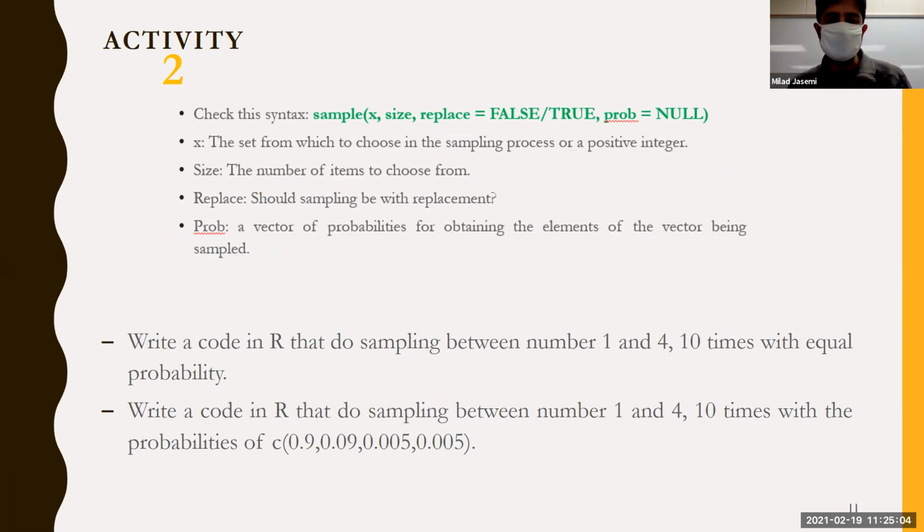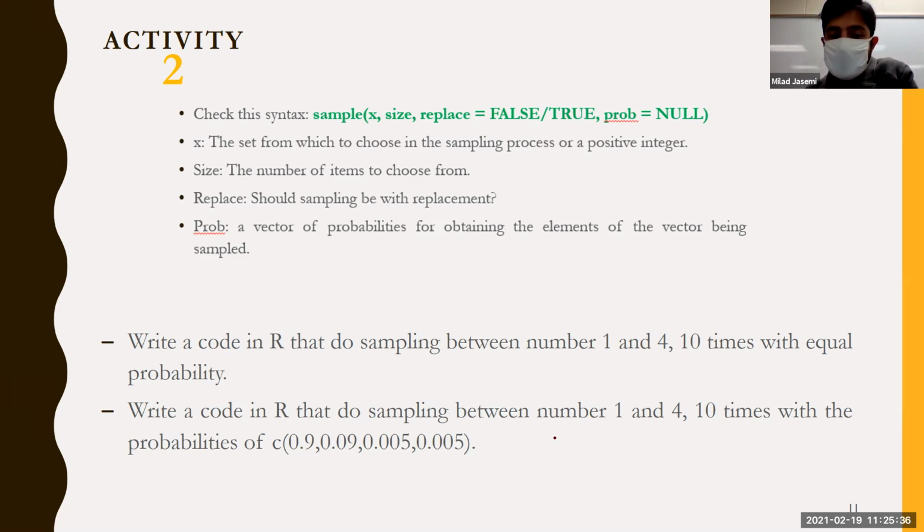So do activity 2. Write code in R that does sampling between numbers 1 and 4, 10 times, with equal probability. Then the second part: write code in R that does sampling between numbers 1 and 4, 10 times, with the probabilities that you see. Just before you start, for the first one, we expect to see an equal number of 1s, 2s, 3s, and 4s.